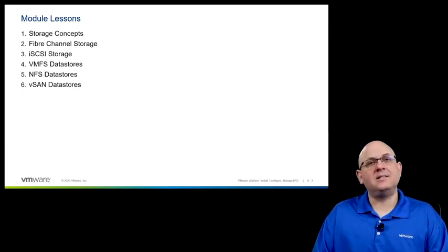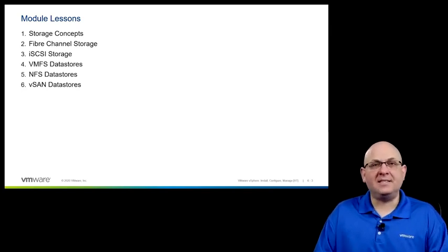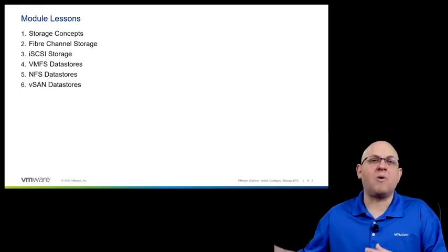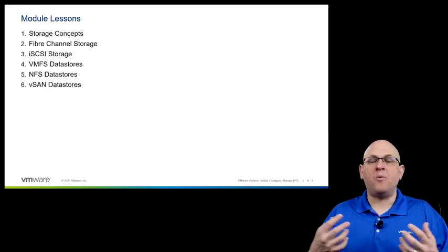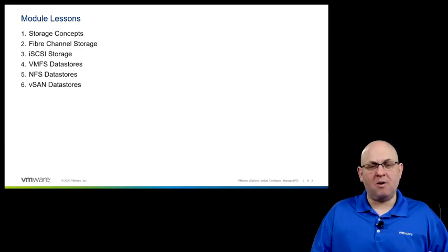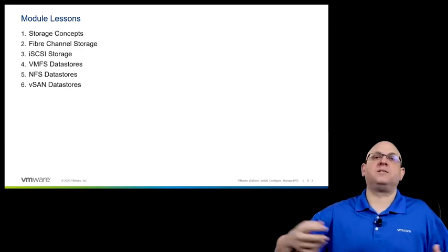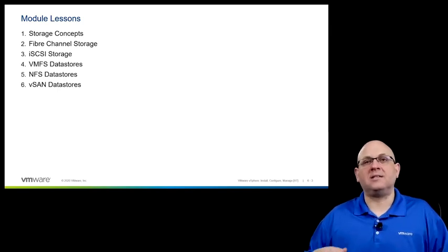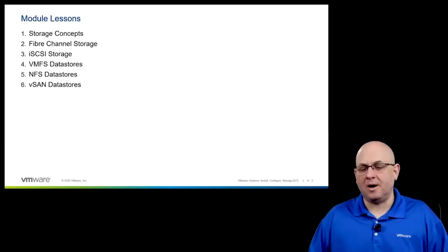And then finally in lesson 6, we're going to have a look at vSAN data stores. Now the nice thing about vSAN data stores is that it doesn't rely on an external storage array. It doesn't rely on what we call monolithic storage, right? Where we have a big system with lots and lots of disks in it, and we have to manage that system, and it's a little bit hard to grow sometimes.